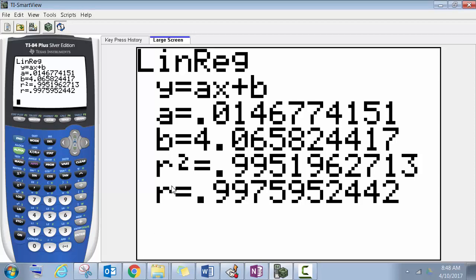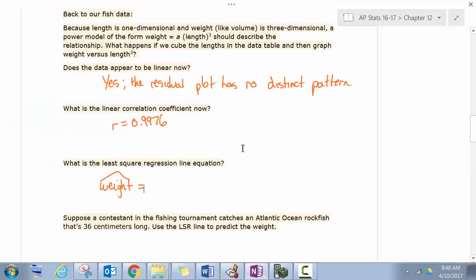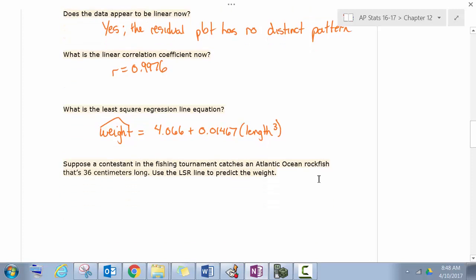That's what we put it in as. And we can see A and B, the same thing here. So, what is our line? Well, our y-intercept is 4.066 plus our slope, and it's times length cubed. So a little bit different.